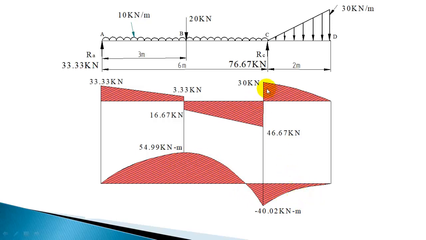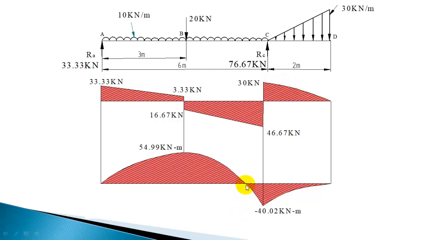But only in shear force diagram, when UVL comes, you can get concave side down or concave side up, depending on where zero intensity side or lower intensity side is coming. So here zero intensity side is left side. Wherever zero intensity is left side, from there the decrease will be gradual, and at the maximum intensity side the decrease will be rapid, and in that case concave side will come down.